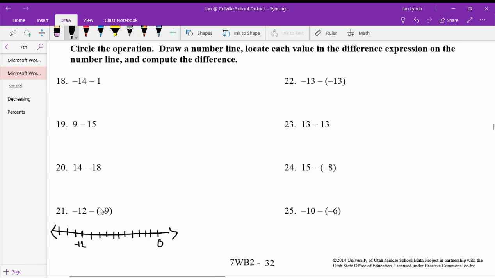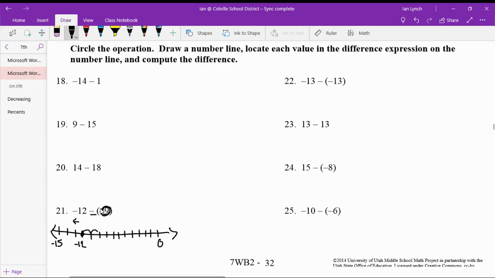So what we're doing is we're starting at negative 12. And we have a subtraction, so we know we're going to be facing the negative direction. And then we move back 9 places.